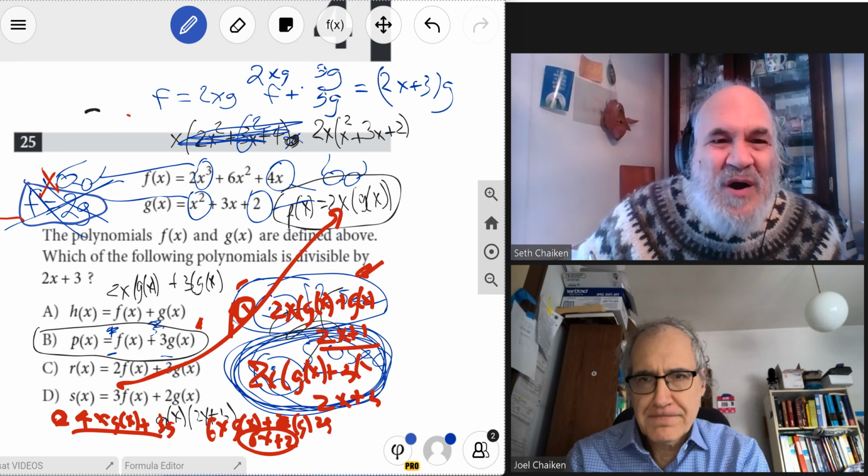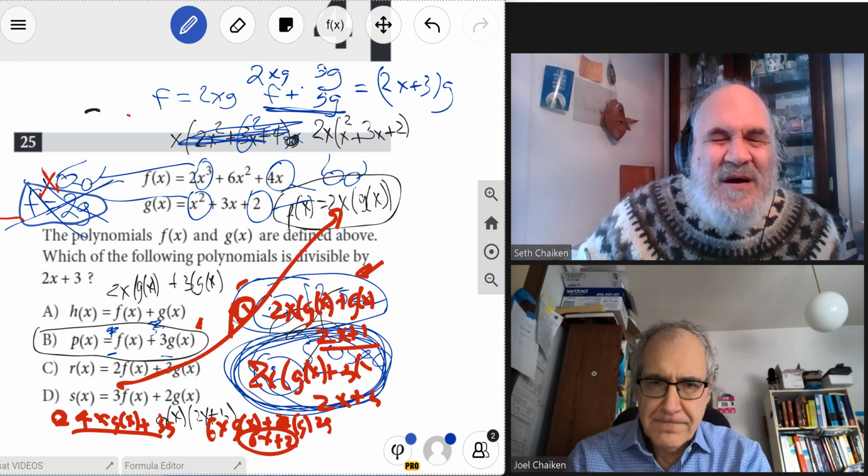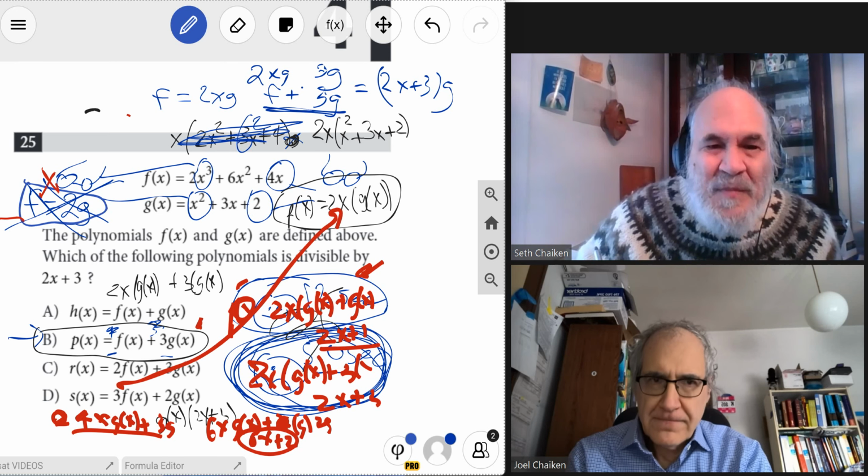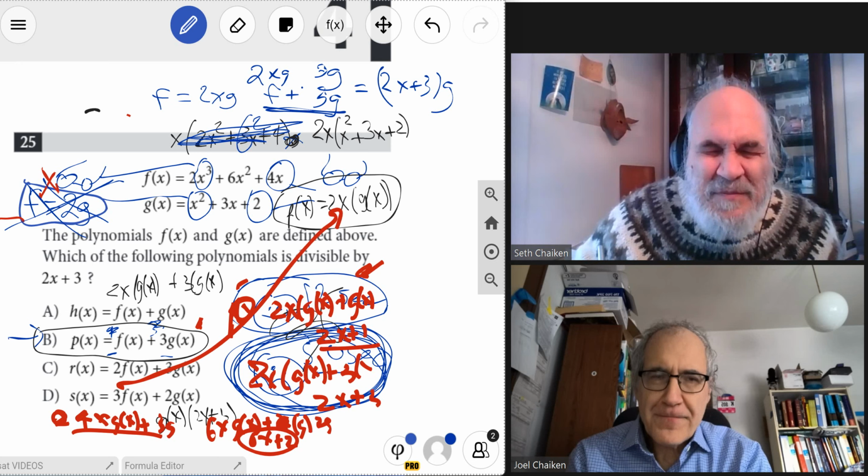And so I need to get a combination that's divisible by 2x plus 3. I have to take 1f and 3 g's. And here, answer B is formed by taking 1f added to 3 g's. So we agree.